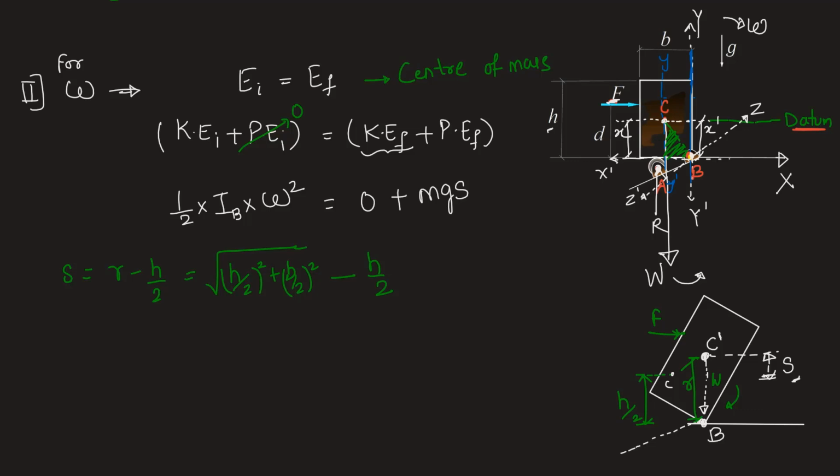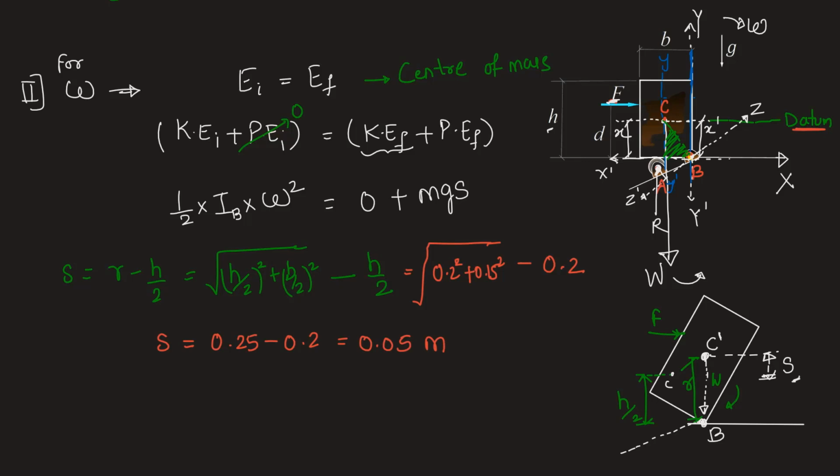Substituting the values here, this will be equal to under root of h by 2, which is 0.2, so 0.2 square plus b by 2, which is 0.15, so square of it, minus h by 2, which is again 0.2. S becomes 0.25 minus 0.2, which is 0.05 meters.